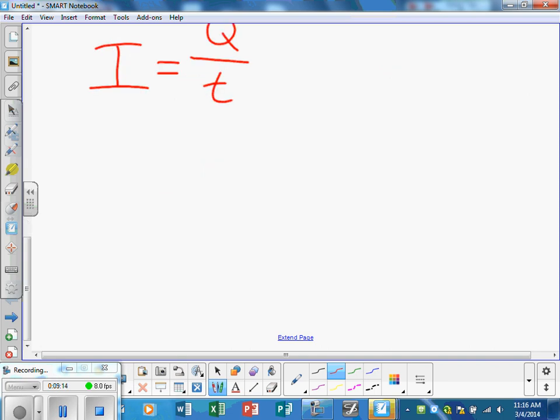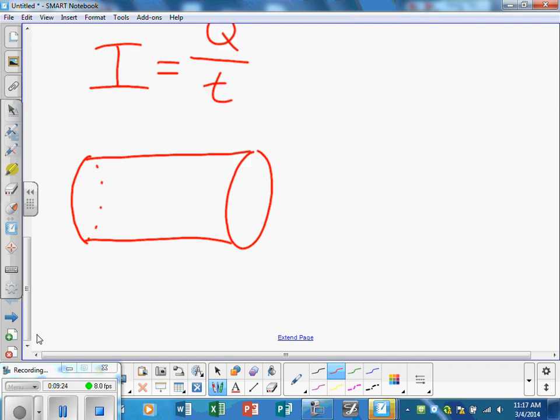So let's look at this. If we have a wire, okay, so here's a wire. Now, a wire is made up of what? What are all things made out of?